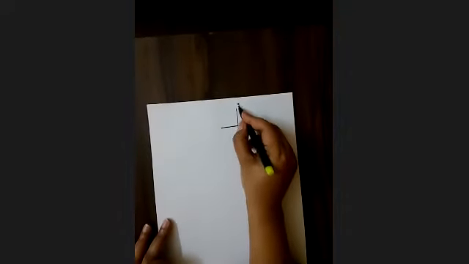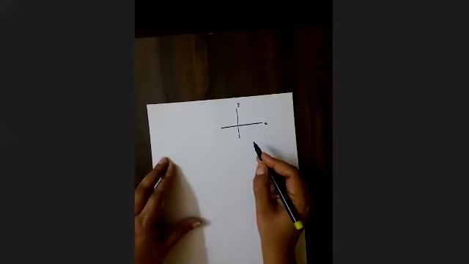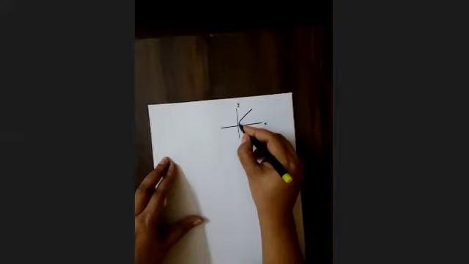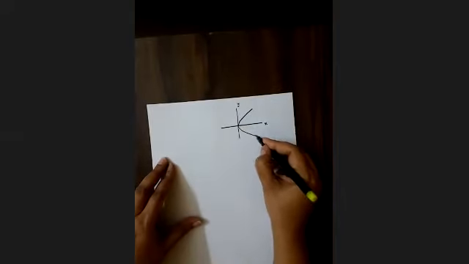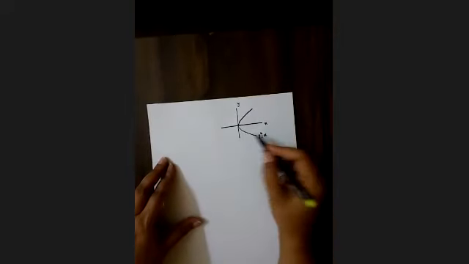So this is my xy plane. What is your first curve? They have given y square is equal to x. If y has even power, the curve is symmetrical about the x-axis. So this is your y square is equal to x, one parabola which is symmetrical about the x-axis.